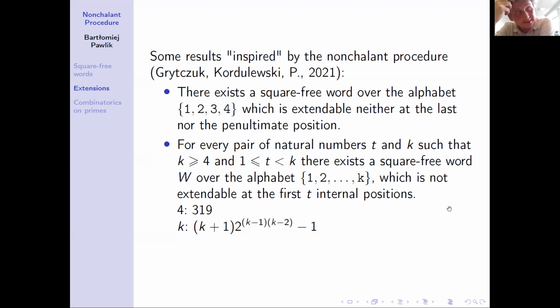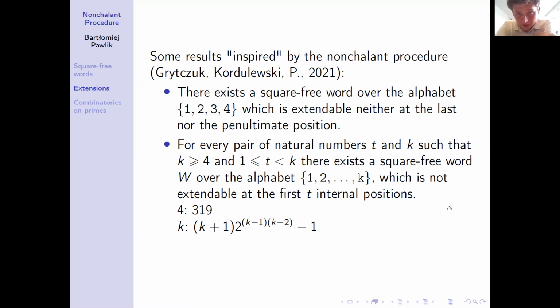This statement is somehow surprising as well, because if we take a big enough alphabet, I would say 100 elements, and we take a long square-free word, then it's mostly extendable at any positions in several ways.